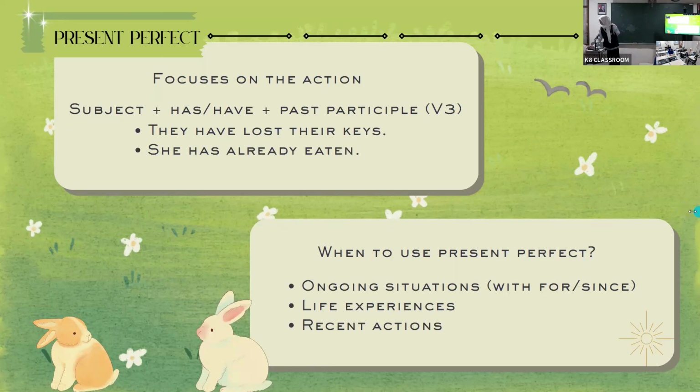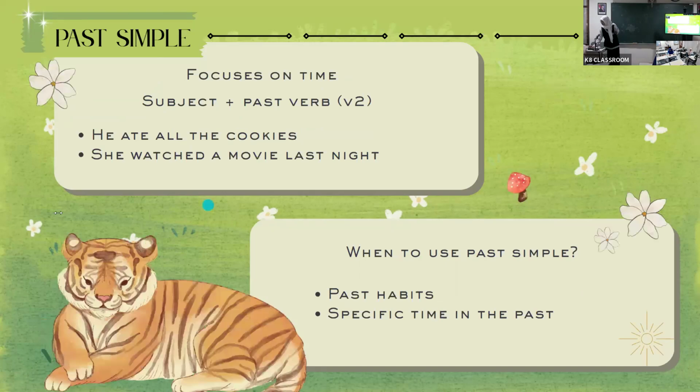Unlike present perfect, past simple focuses on time. The structure of past simple is subject plus past verb two. For example, he ate all the cookies or she watched a movie last night.